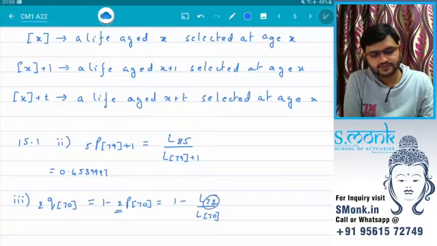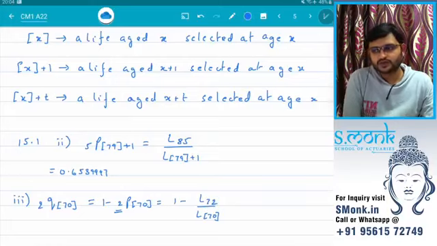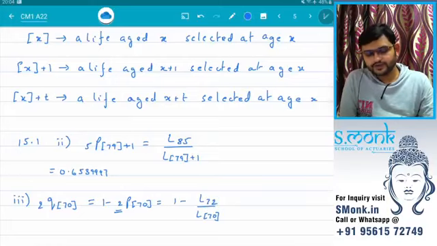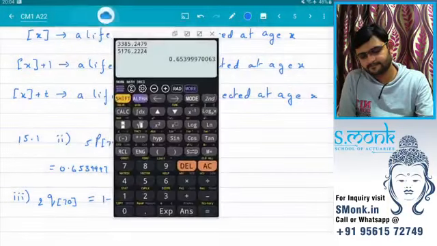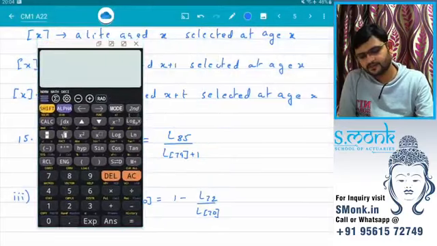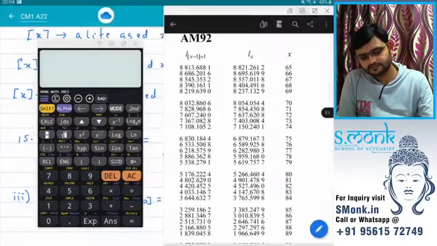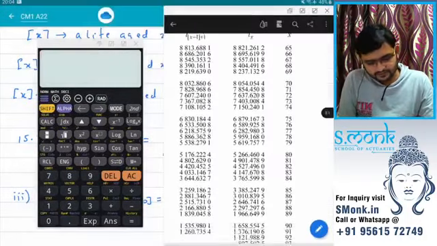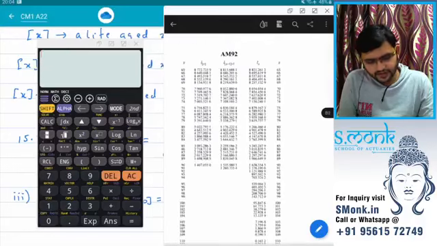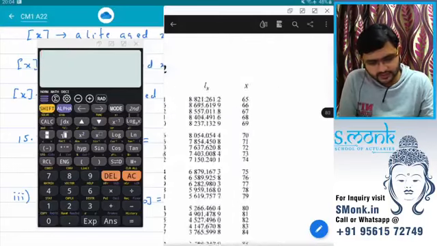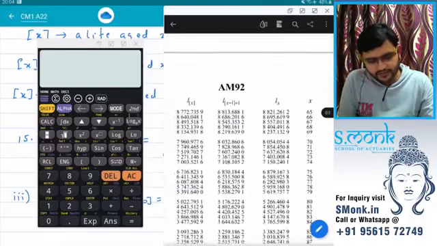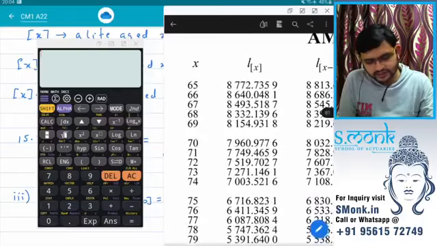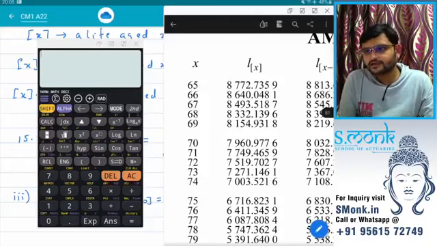As soon as the person becomes age 72, selection goes away. So for 72 we will be using the ultimate value, but for 70 we will be using the select value. You can see on this side also we have X value. For 70 we will be selecting the L select value.